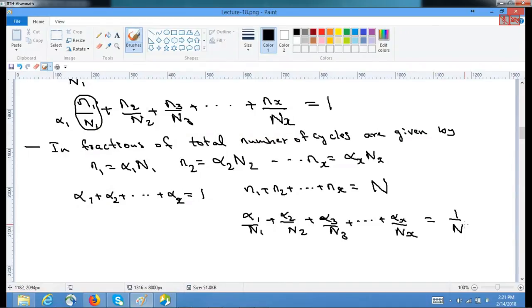That is what we can write based on this principle.